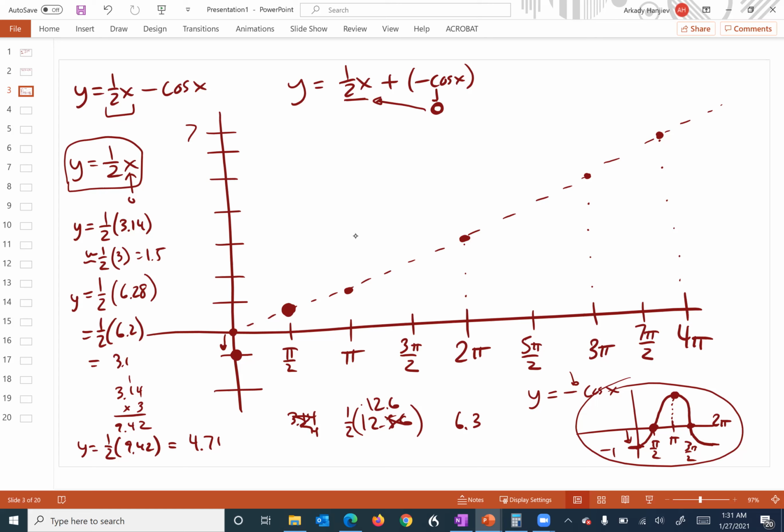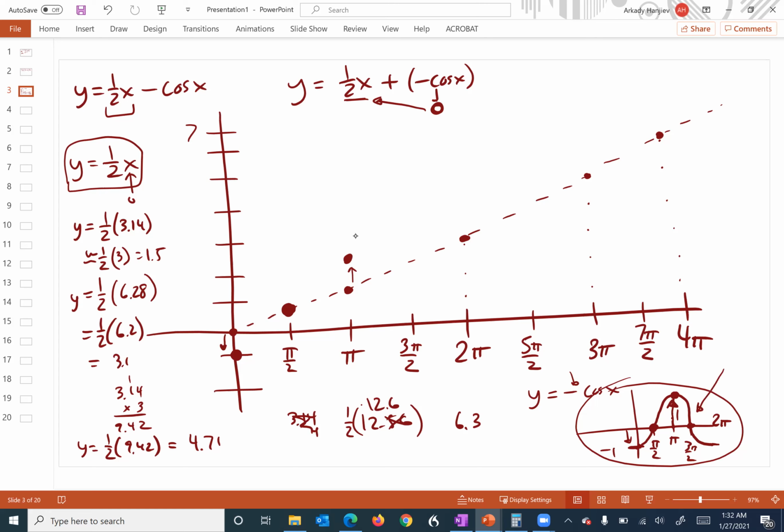Now when you get to pi, notice it's taking whatever value it is and we're adding 1 to it. So at pi, we are at 1.57. We're going to add 1 to this and make it 2.17. That's our new dot. All right, back to here at 3 pi over 2.